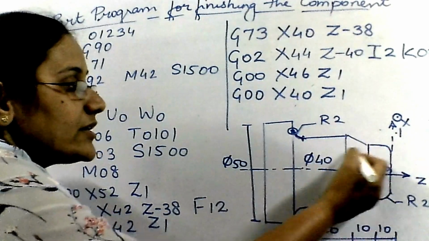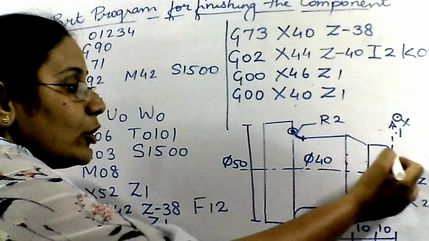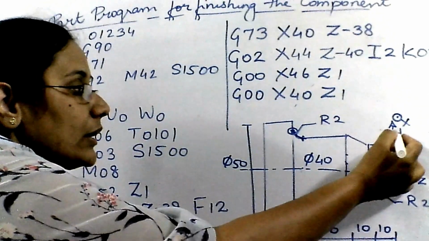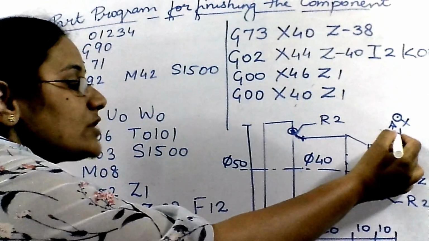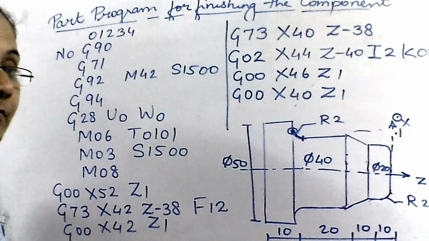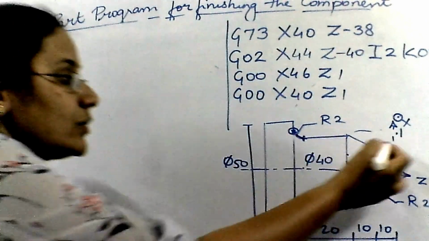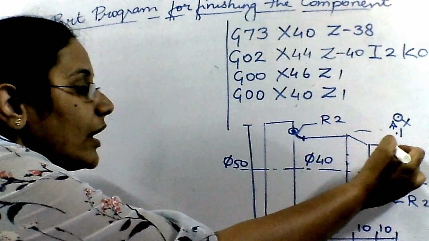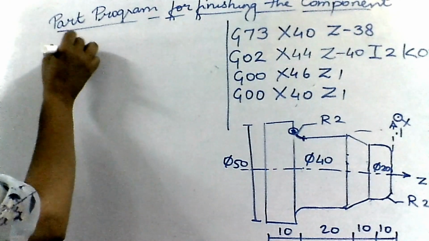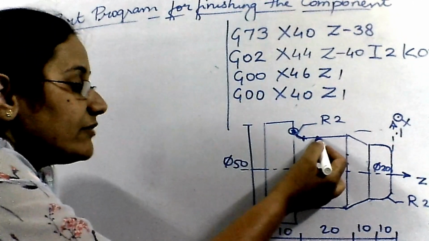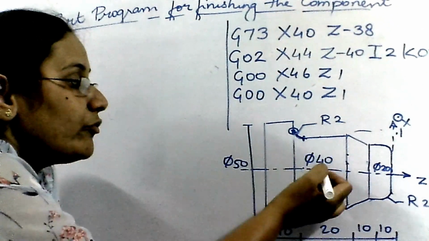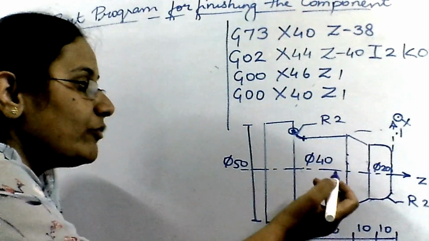Now I have to consider this part. So in order to consider this part, I have to take my tool here and I'm going to use the code G73 since I have to remove this material. So to begin with, I have to use the code G73, and as we have done over here, first we reduced it to 42 and then to 40.